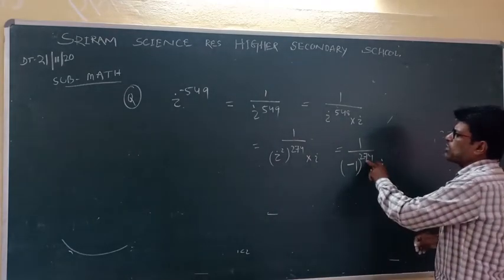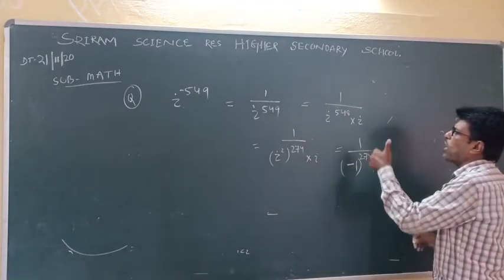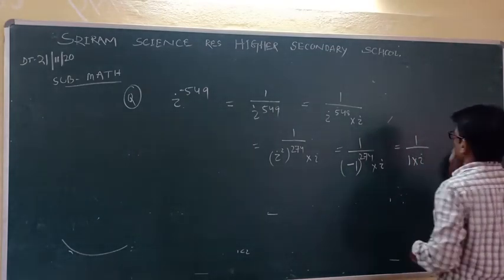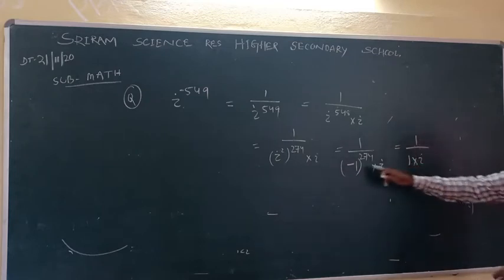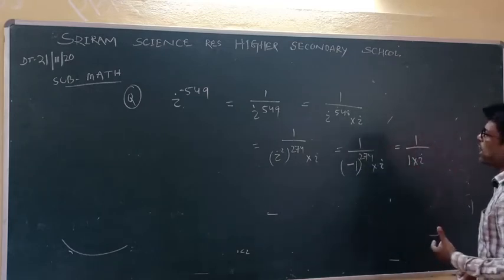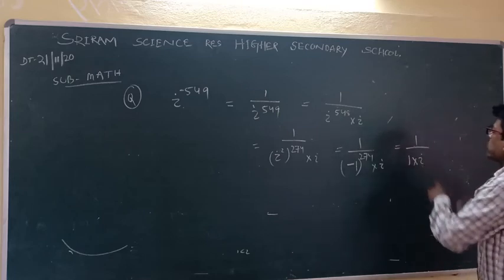Since 274 is an even number, minus 1 to an even power becomes 1. So 1 by 1 into i is equal to i.